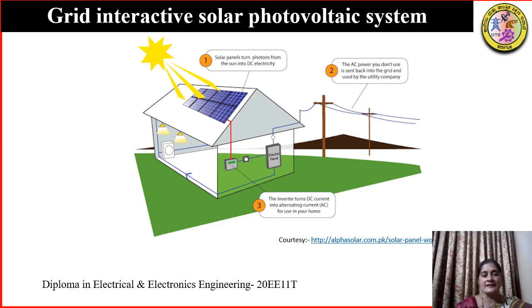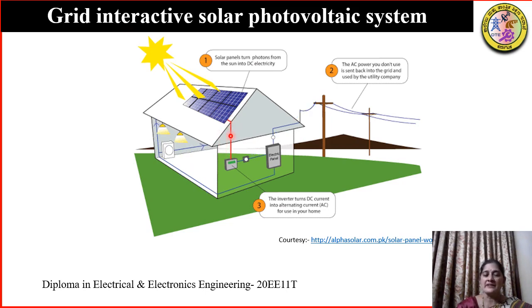Let us understand the working of a grid interactive solar photovoltaic system. This shows the schematic diagram of a grid interactive system. Here we have the grid. When we say interact, that means to give and take. So in this system, there is a PV array, and when light falls on this array, a DC output is obtained.